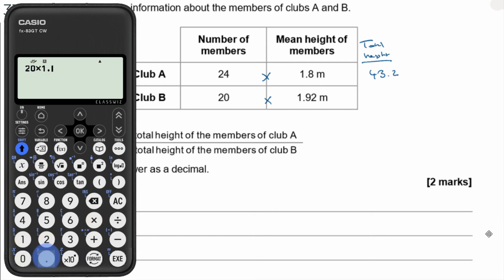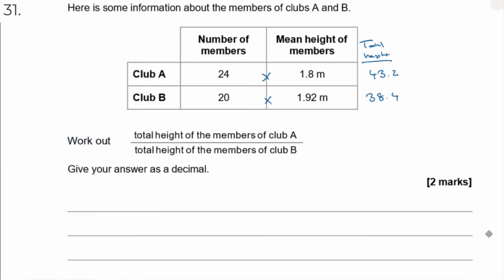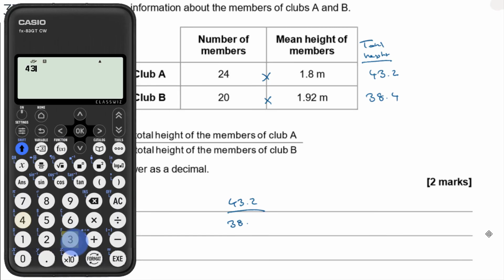And the 20 members of Club B with a height of 1.92 comes to 38.4. So the total height of members of Club A, 43.2, divided by the total height of members of Club B, 38.4. That comes to 9 over 8, which is 1.125 as a decimal.